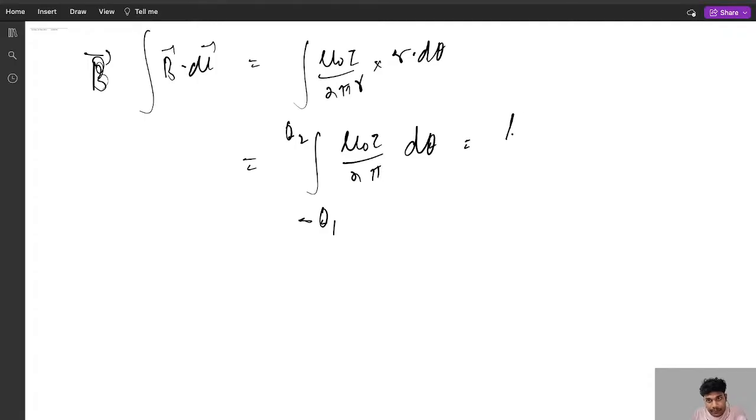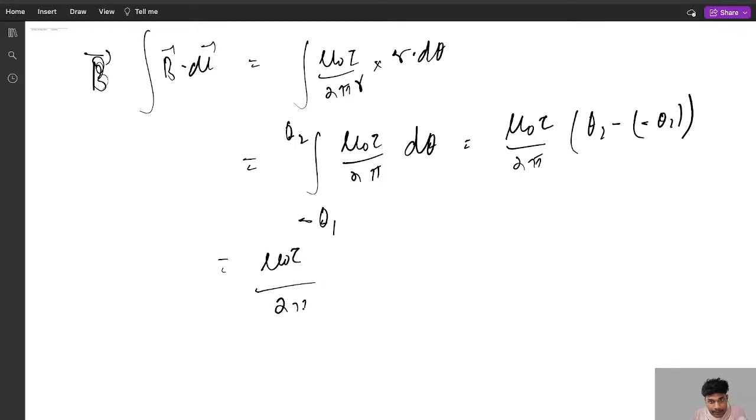From here we get mu naught I upon 2 pi. What is the integral of d theta? That is theta 2 minus of minus theta 1, right? From here we get mu naught I upon 2 pi into theta 1 plus theta 2, right? We have to find theta 1 and theta 2, right?